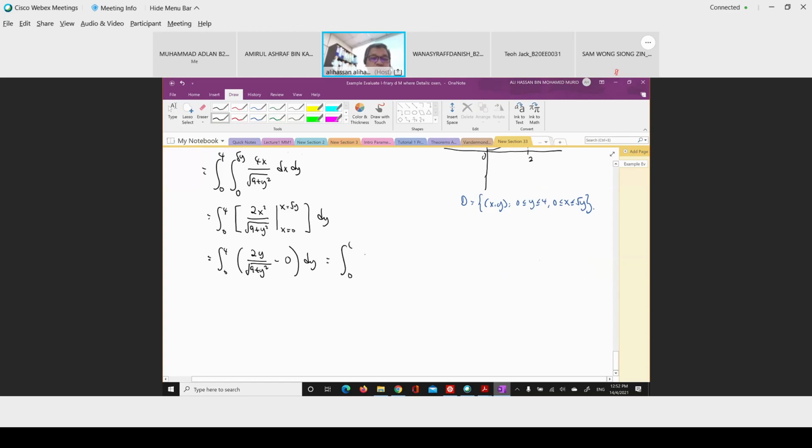So now you see, it reduces to a single integral with respect to y, which you can evaluate using the substitution u equal to 9 plus y squared. I'm sure you know how to evaluate this. It shows that eventually the answer is equal to 4.